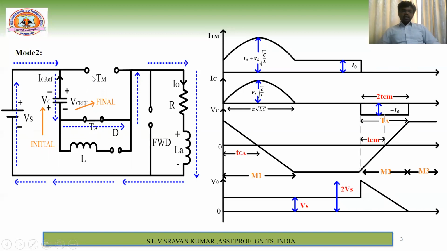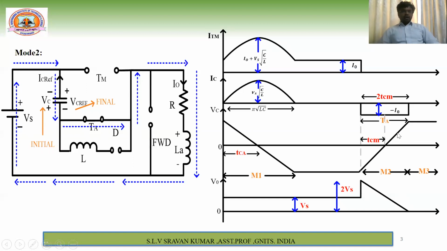Because of that, your TM will be off, therefore the current flowing through TM is 0. At the end of this mode, what is the polarity here? Positive polarity. At that time, this is plus Vs, this is also plus Vs. Both cancel each other, therefore your output voltage will reach a voltage of 0.